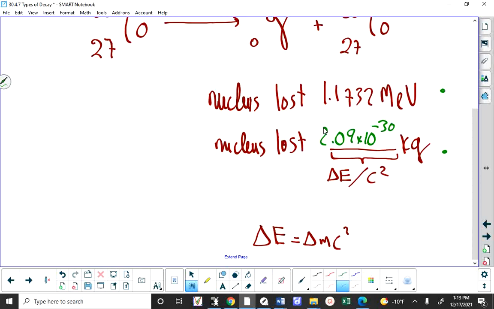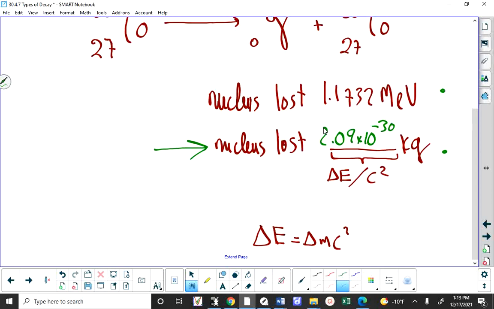So the first and second statements are both true, but from a standpoint of physics 30, I think this is the best way to go. You can think of the energy that was lost as being energy that was in the system disguised as mass, is maybe the way to go. You okay with that now? Okay, any other questions from this example dealing with gamma decay?